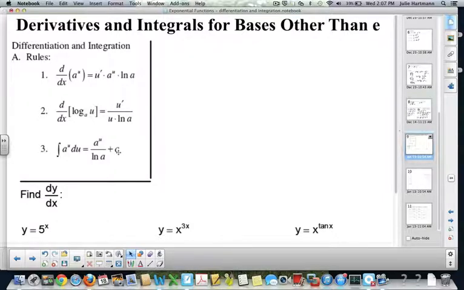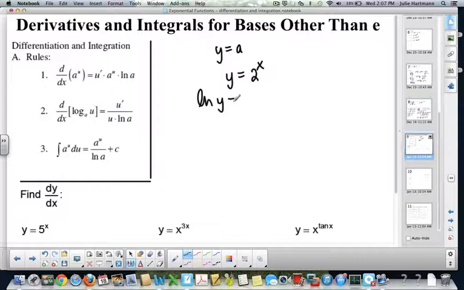You can figure them out. How we do that is, let me show you. So if you have y equals a to the u, so y equals 2 to the x. All right, how you can do that is ln of y equals x ln of 2, right?